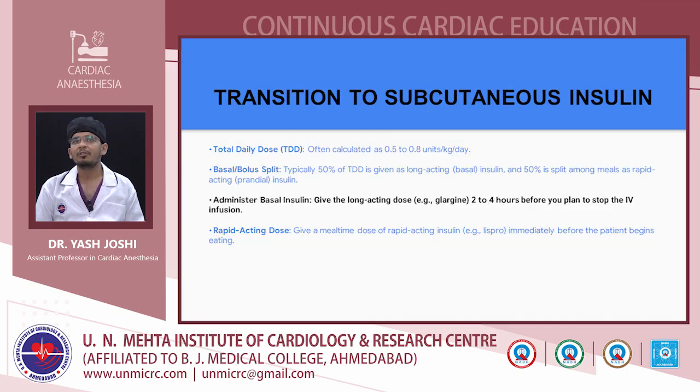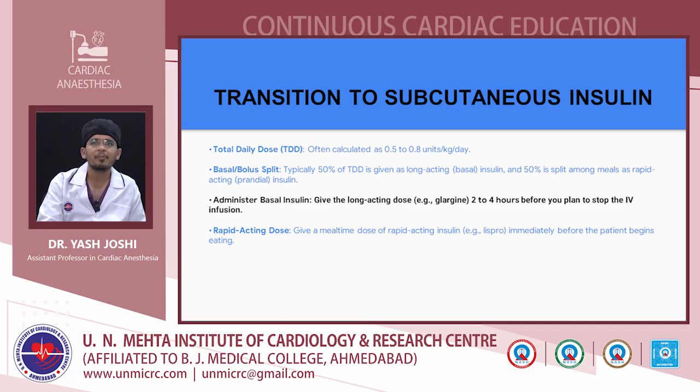Now coming to the transition to subcutaneous insulin. Once the patient condition stabilizes, the ICU insulin infusion is no longer required, and we will transition to subcutaneous insulin, which must be carefully planned. The total daily insulin requirement is often estimated at approximately 0.5 to 0.8 units per kg per day.